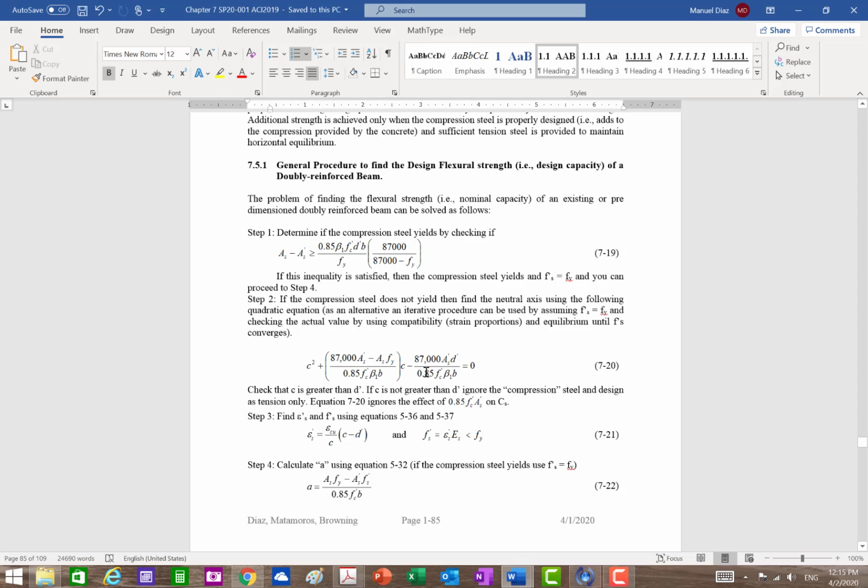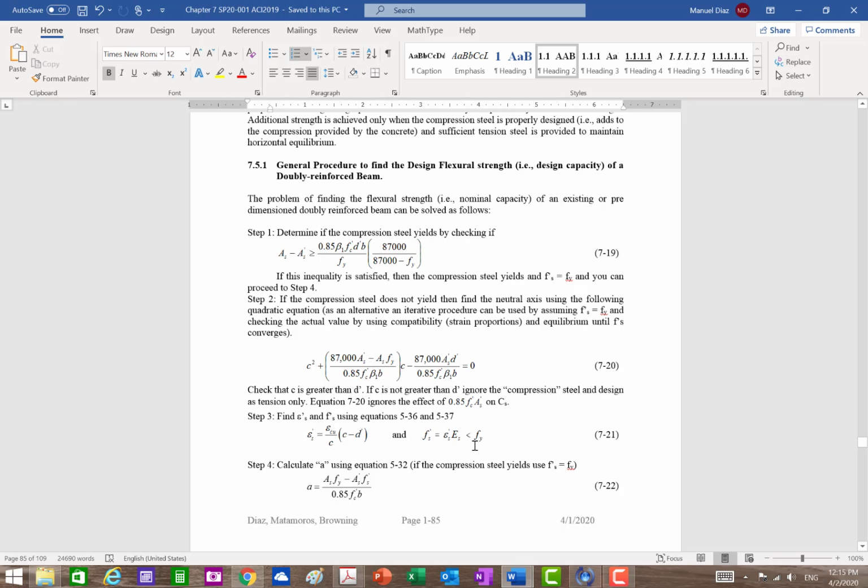Then we have to find the neutral axis, because with the neutral axis we can find epsilon prime s, that is the strain value on the compression side, and then by multiplying times the modulus of elasticity, we get the actual stress of the compression bars.